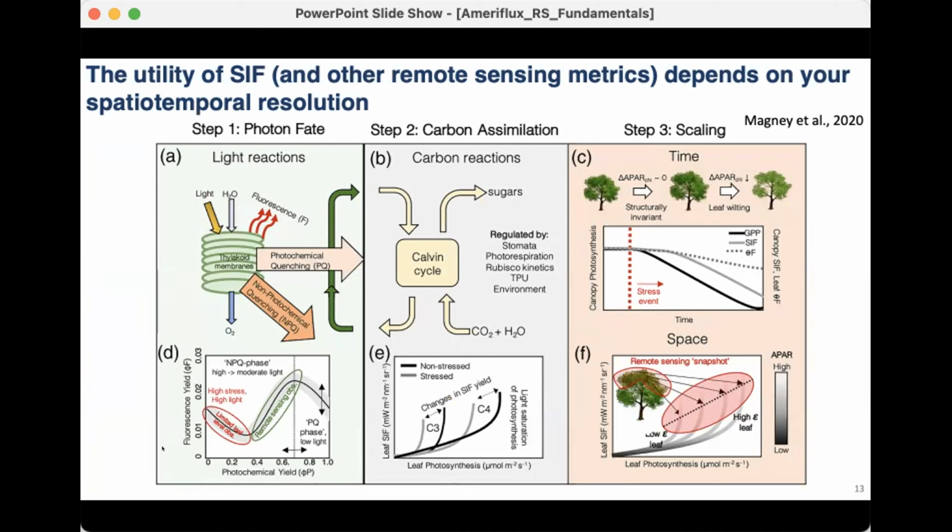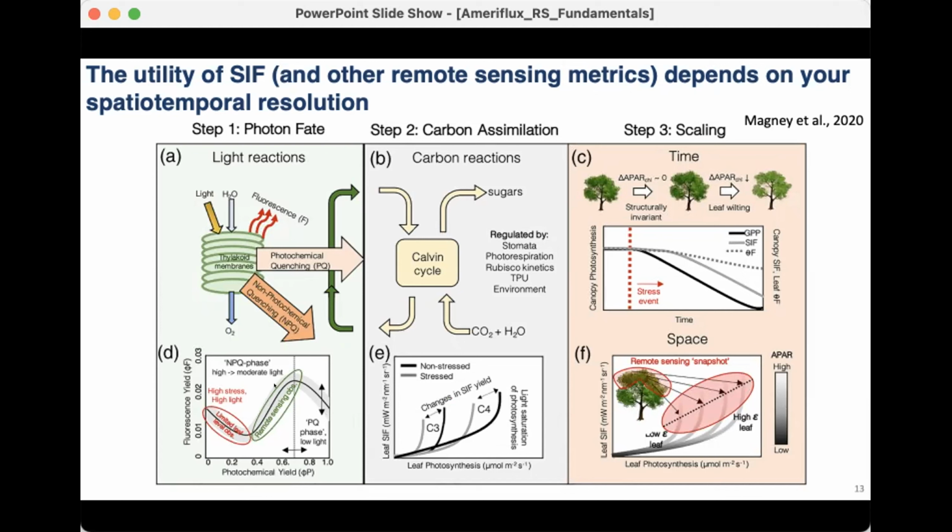I'm going to draw your attention to panel D here, where this shows the photochemical yield and the fluorescence yield. So essentially how much light is going down the pathways of photosynthesis or fluorescence. And the majority of remote sensing observations fall in this part of the curve here, where plants are not under low light or extreme high light, non-stressed.